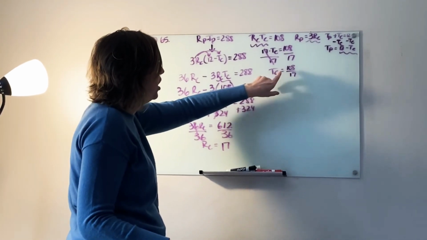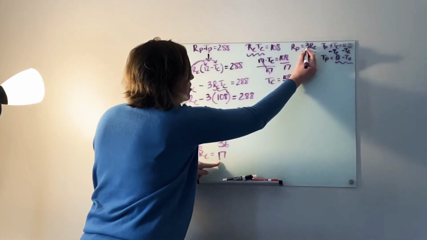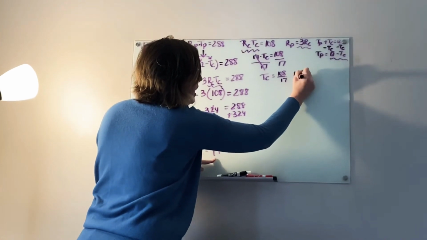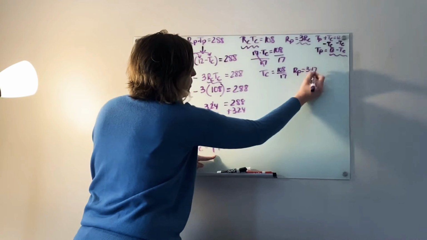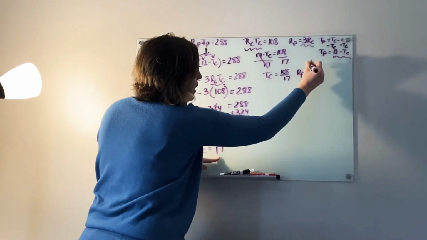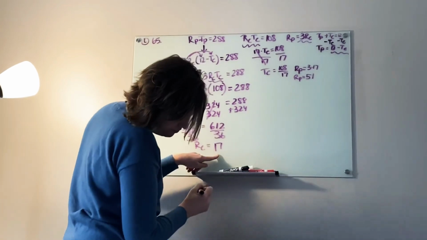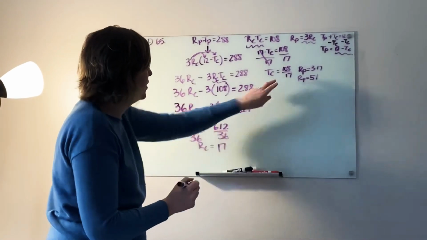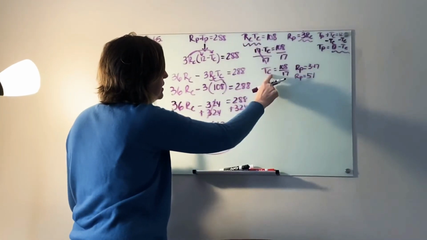Now, if I know that RC is 17, then 3 times 17 is RP. So RP equals 3 times 17. That would be 3 times 7, I'm going to carry it. So RP equals 51. All right, so I've solved for three. I did RC, then I used RC here and got TC.